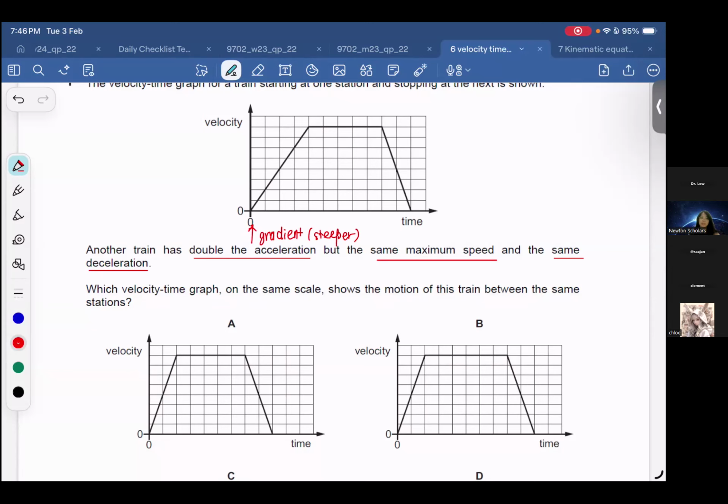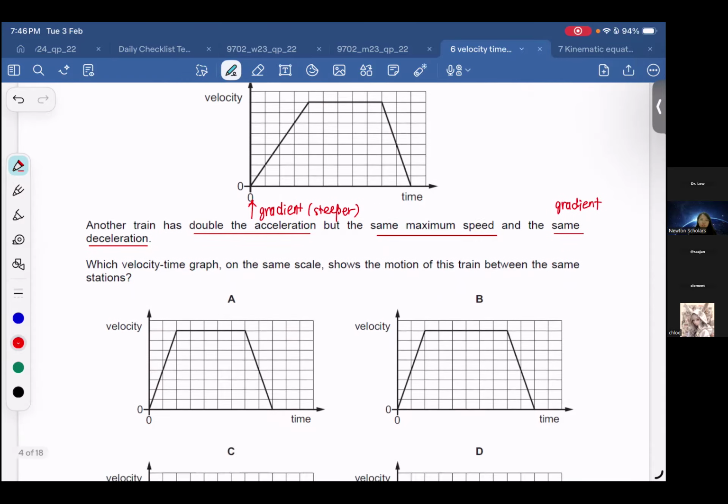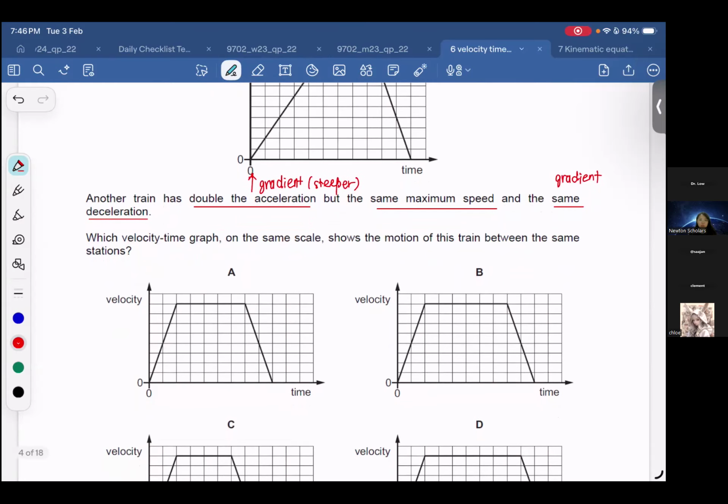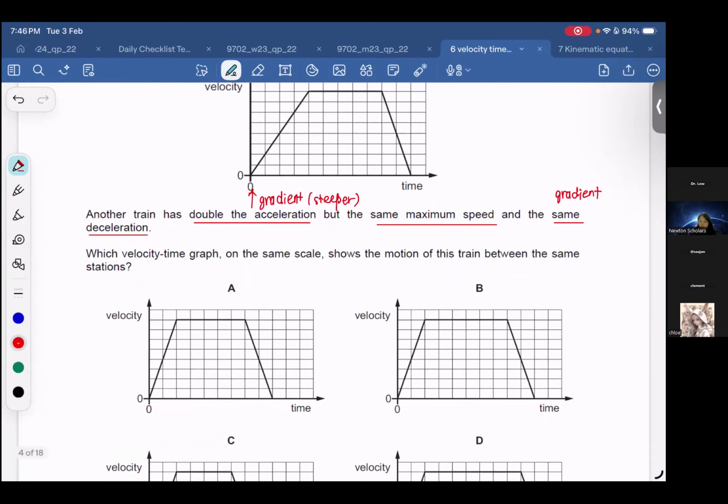Deceleration is also acceleration, but negative. So the gradient for this part is the same. Which velocity time graph on the same scale shows the motion of this train between these two stations? These two stations are there. Will you change the distance between these two stations?